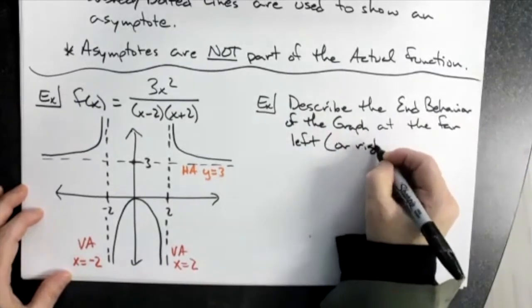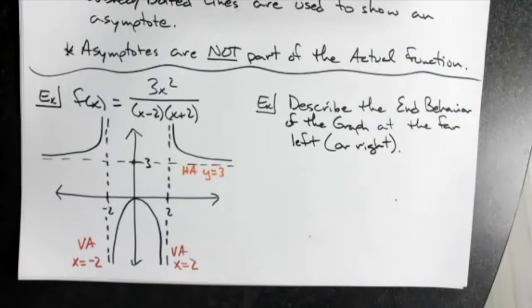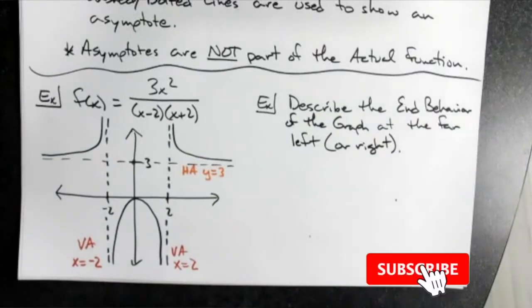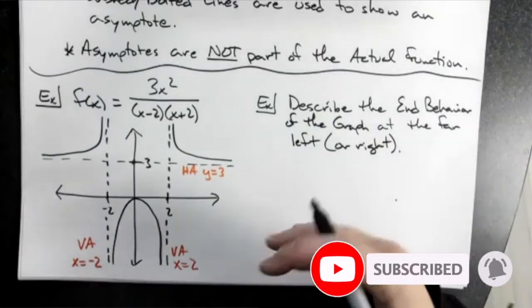Okay, so we don't want to have to rewrite the questions down twice. They're going to say, describe the end behavior of the graph at either the far right or the far left.